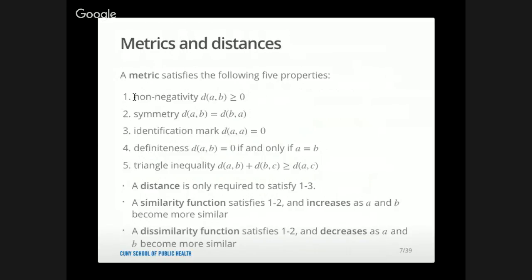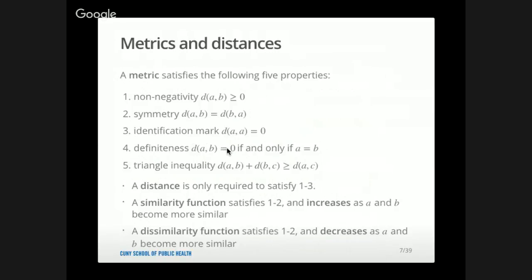So among them are non-negativity, meaning that the distance between any 2 vectors, A and B are vectors here, is always greater than or equal to 0. Symmetry, meaning the distance between A and B is the same as the distance between B and A. The identification mark, the distance between any object and itself must be 0.